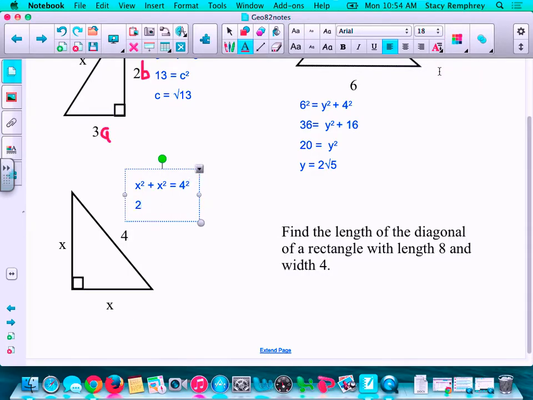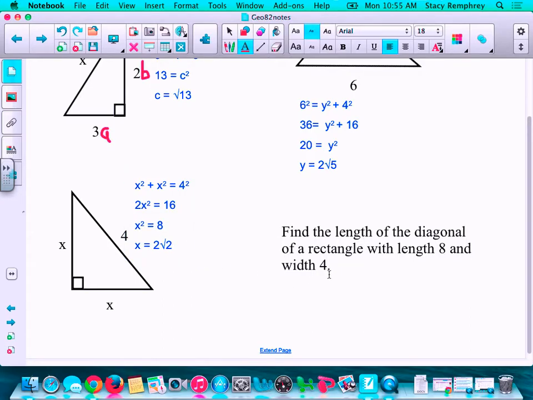So remember that this is one, it's not too bad, but you guys tend to make that 2 or x to the 4th. It's 2x squared equals 16. Divide both sides by 2 before you square root. So you're going to have x squared equals 8 because you divide both sides by 2. So x equals 2 root 2.